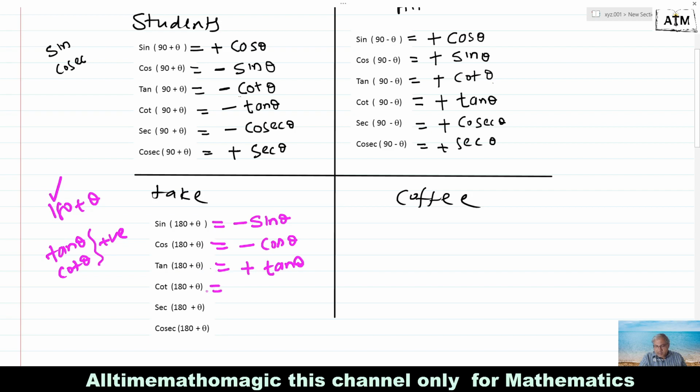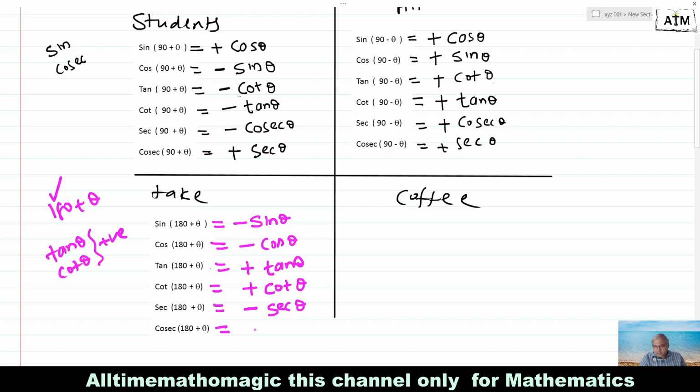And similarly, cot is positive in the third quadrant, and because of 180 conversion is not allowed, so the same function will appear. Therefore, plus cot theta. And sec 180 plus theta, sec is negative in the third quadrant, and because of 180 conversion is not allowed, the same function will appear. Therefore, sec 180 plus theta is equal to minus sec theta.